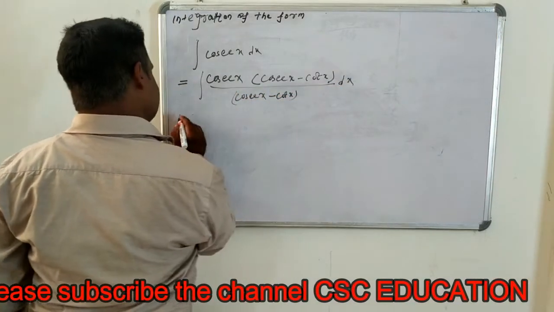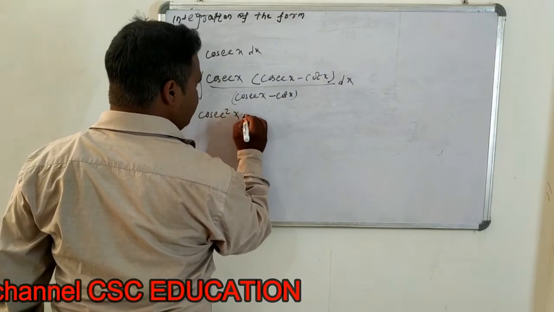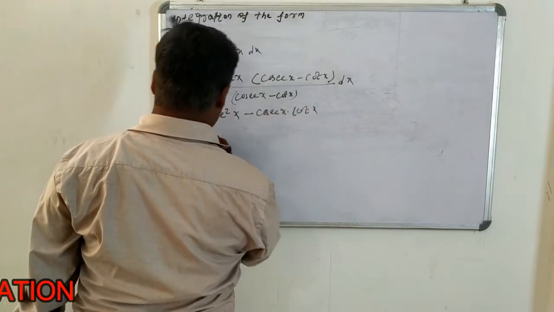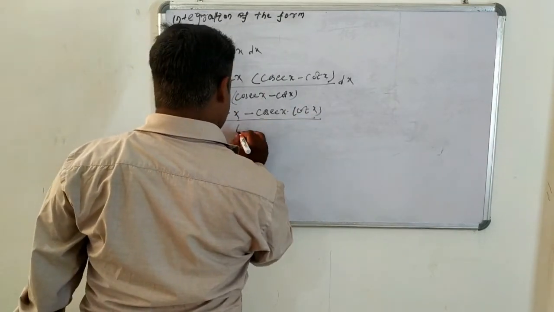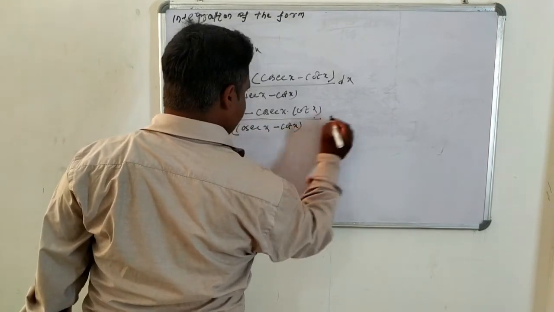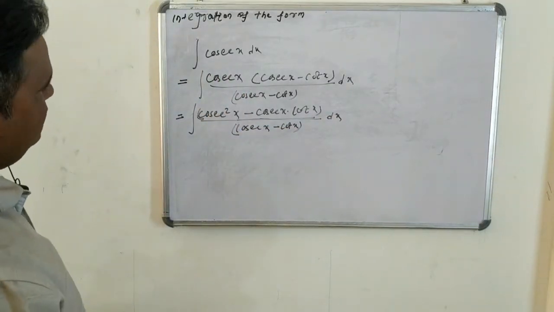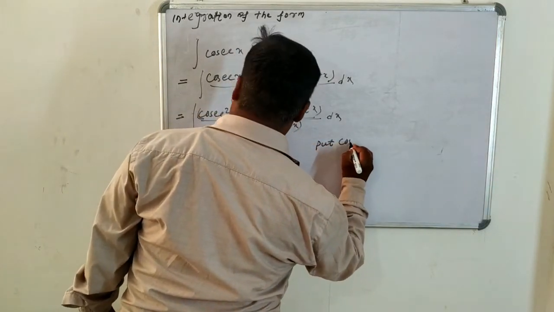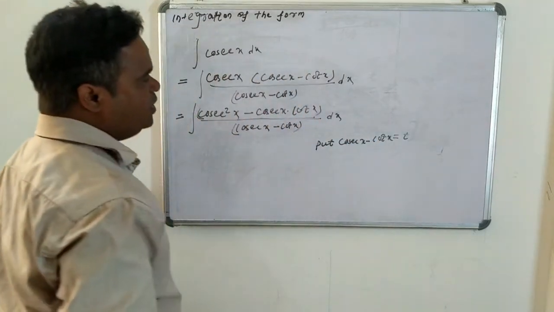So this equals cosec square x minus cosec x cot x, whole divided by cosec x minus cot x, dx in the integration. Now in the lower part, suppose cosec x minus cot x equals t, a function of x.